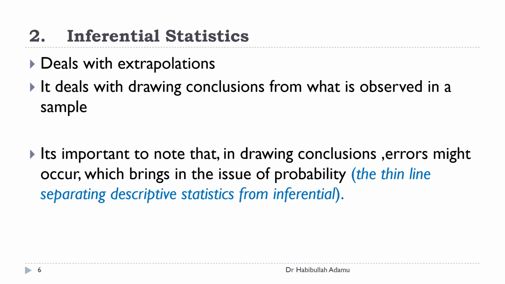And that probability is the one that is often determined using what is referred to as p-value. I'm sure we are all familiar with this term p-value. We are going to look at it again, how to apply it in our research. So any research that deals with p-value is inferential statistics.